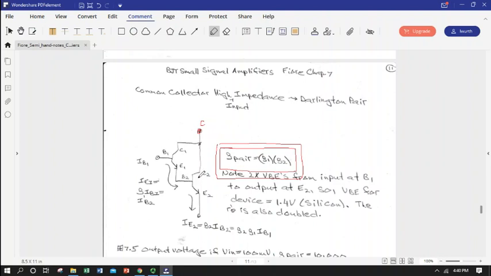We do need to take into account the fact that we're going to have two base emitter junction potentials from the point of our DC model. So instead of 0.7, we're going to drop 1.4 as we go from our first base to our second emitter. And of course we're going to have now two r little e's when we do the AC model of these base emitter junctions, but we just put them in series because they are in fact in series.